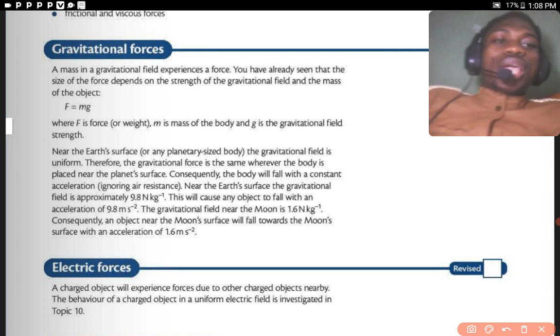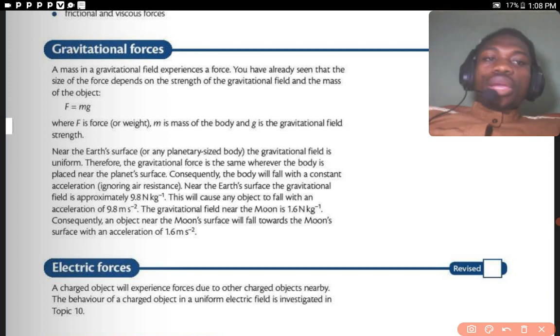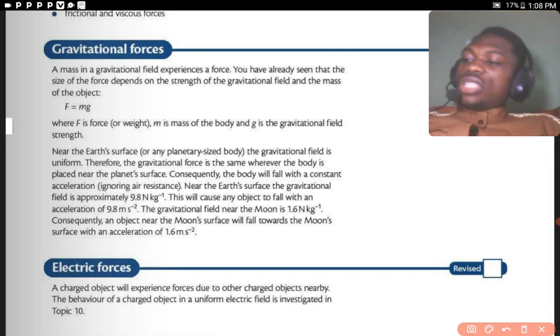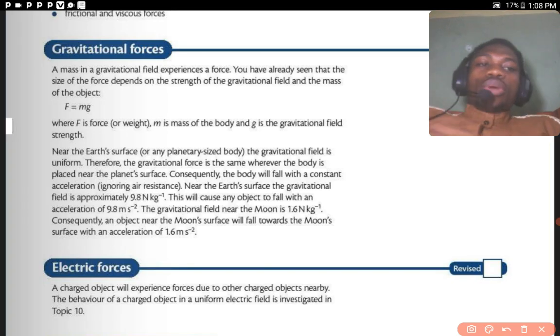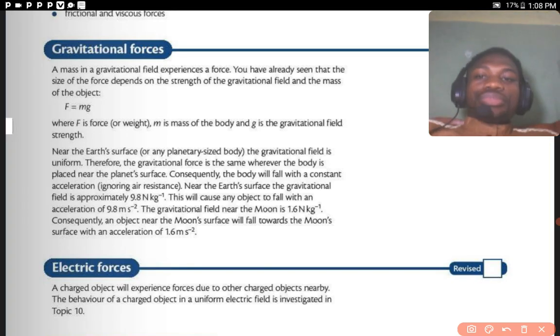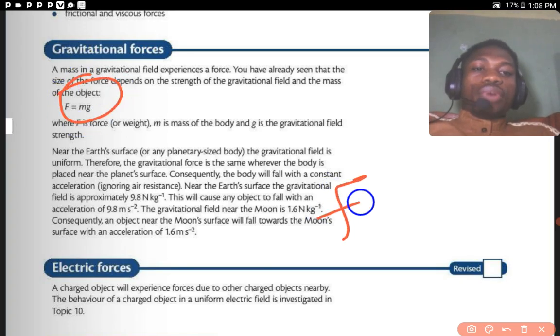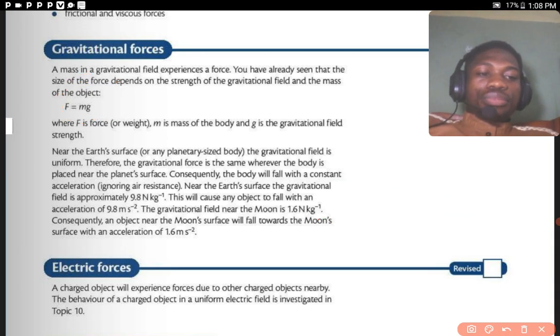That force is given by the mass times the gravitational pull, or acceleration due to gravity. That is what you see right now on your screen: F equals mg. This force is known as the weight of the body.